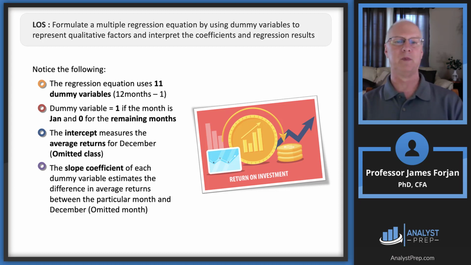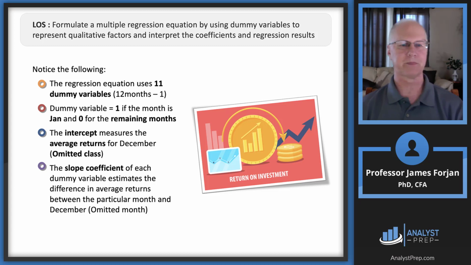And so this academic paper came out saying, oh my gosh, January returns, they're this big. Every other month's returns are this big. And then, of course, over time, we kind of figured out that maybe January returns are not this big. Maybe they're only this big. They may or may not be significantly different from 0, depending on things like tax incentives and selling at the end of December and buying at the beginning of January, and wash sales and all that other crazy stuff.